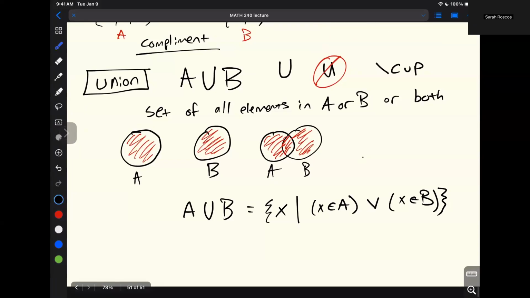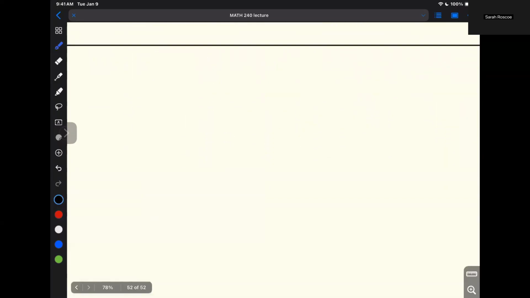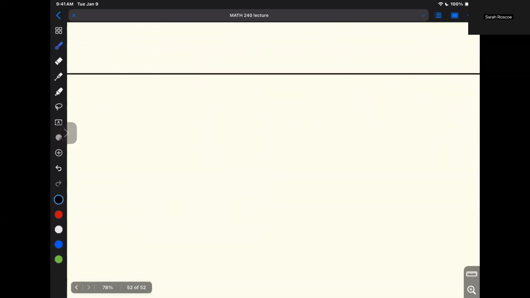And remember, if it's in both, true or true is true. Now that we know the logic, that's how we get the "or both" category. All right, that's union.